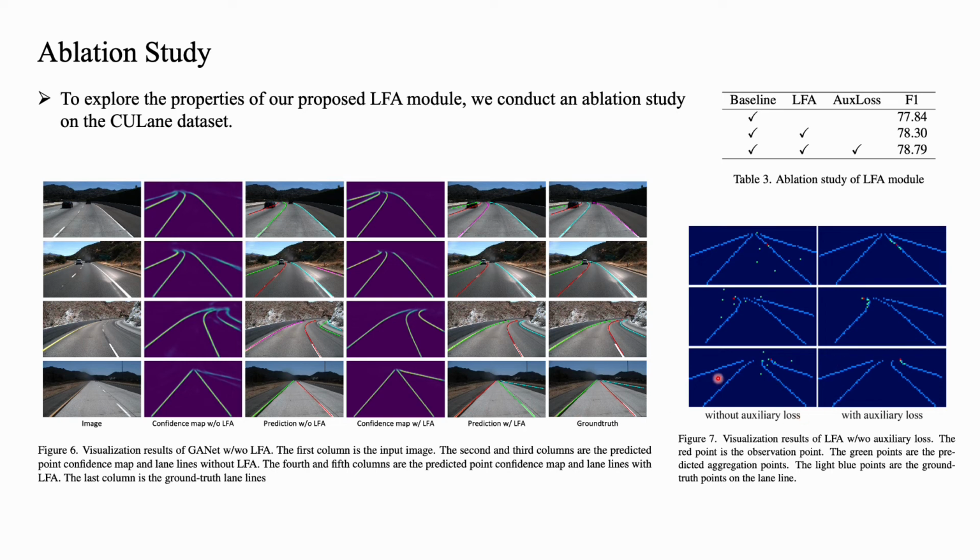In Figure 7, with the addition of auxiliary losses, LFA can predict the aggregation points around the line. It is demonstrated that LFA is robust in its understanding of the local structures. This property contributes to the enhancement of features and the suppression of the background noise.